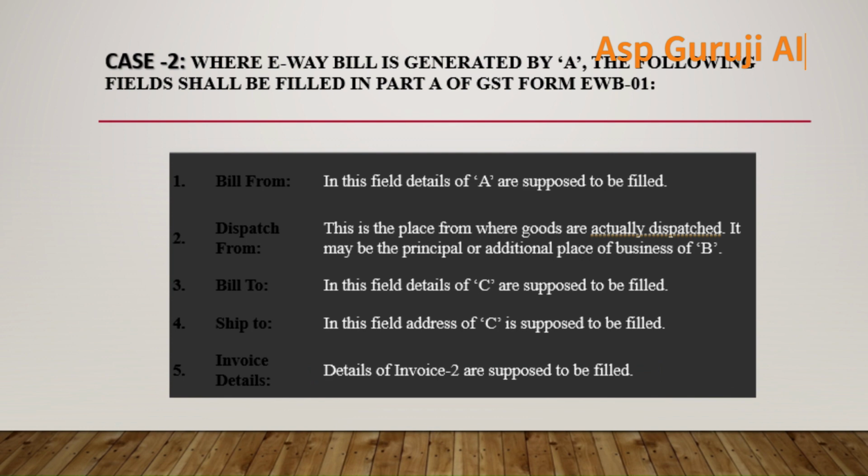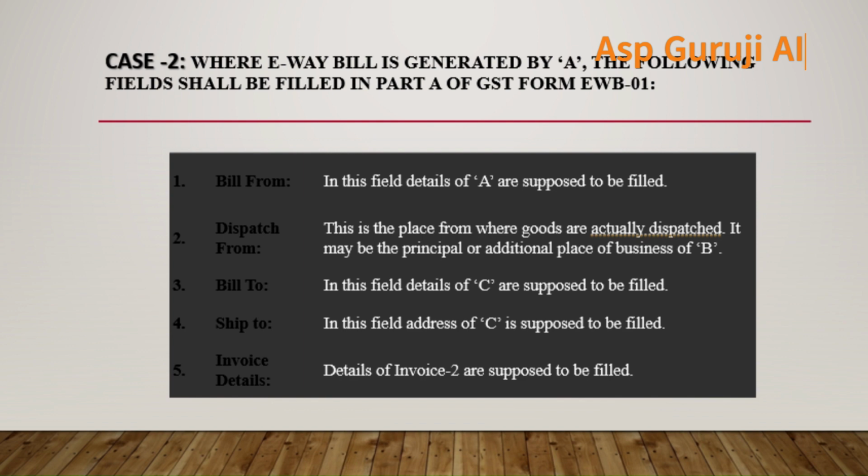Case 2, where the EWAY bill is generated by A, the following fields shall be filled in Part A of GST Form EWB-01. 1. Bill from. In this field, details of A are supposed to be filled. 2. Dispatch from. This is the place from where goods are actually dispatched.